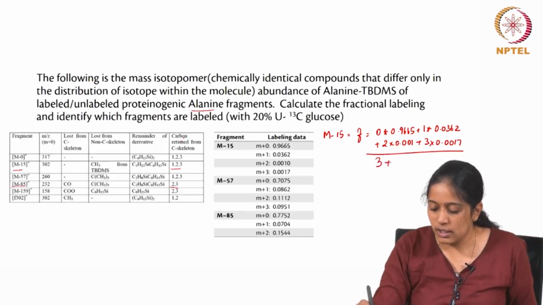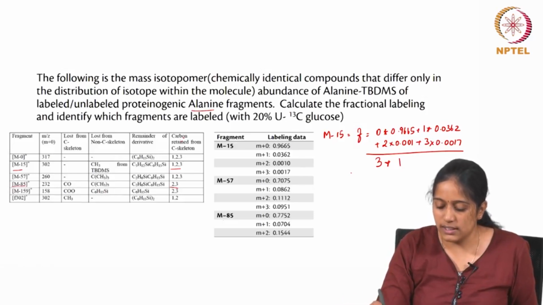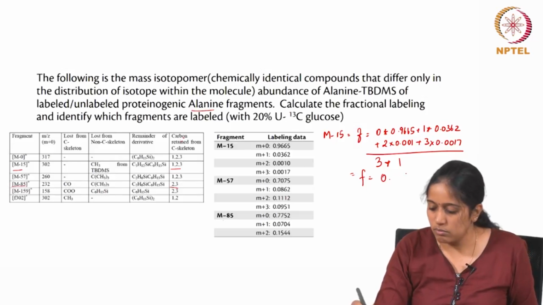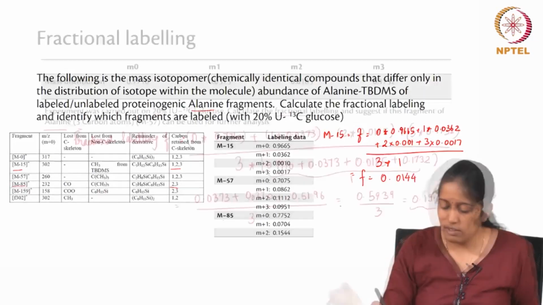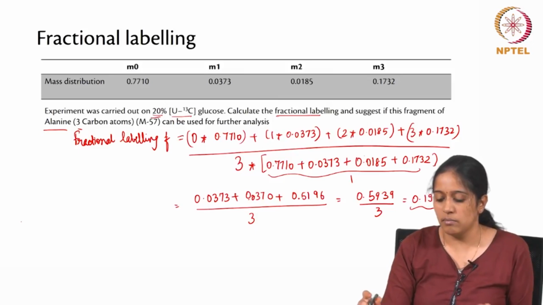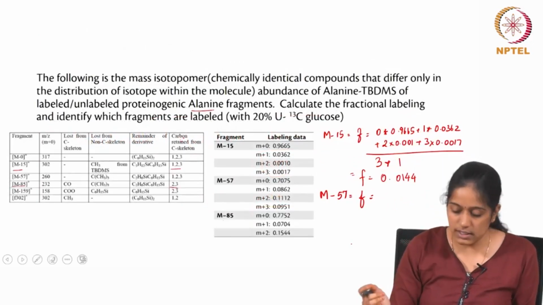So, you have 3 into the sum of all these, which is again going to be 1. So, in this case f is going to be 0.0144.